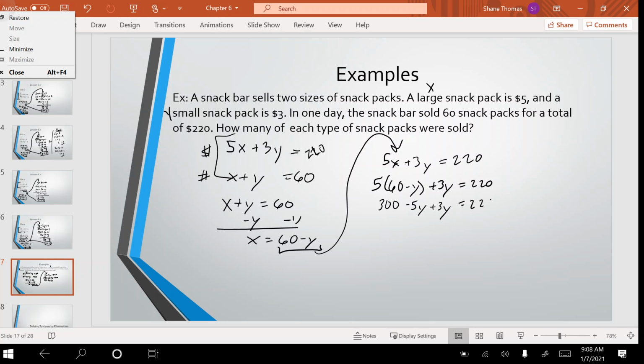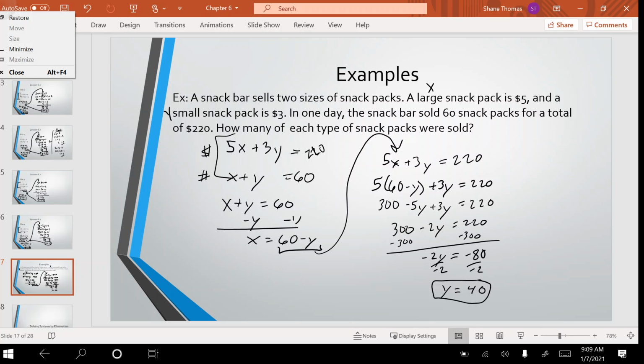Okay, and that's equal to 220. So combine my like terms, I have 300 minus 2y equals 220. So now I have to subtract the 300 over. So I have negative 2y is equal to negative 80. Divide both sides by negative 2. Y is going to be 40.